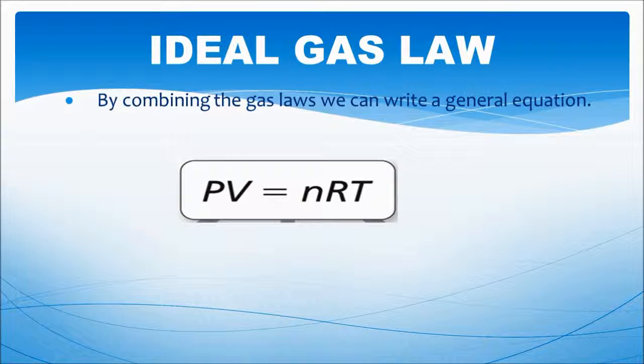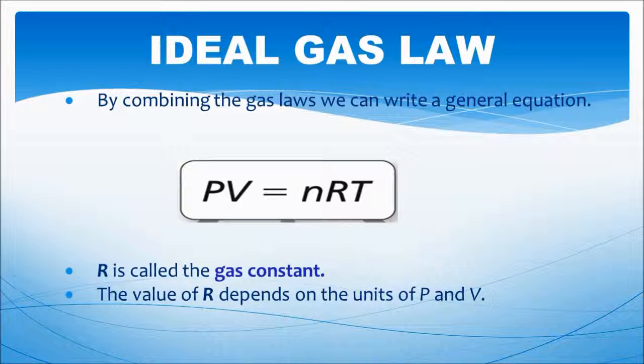This ideal gas equation, PV equals nRT, describes the behavior of an ideal gas, although the behavior of real gases generally differs slightly from that predicted by the equation. In PV equals nRT, R is called the gas constant, whose value is dependent on the units in which pressure and volume are expressed.